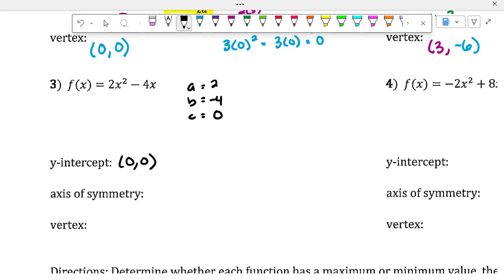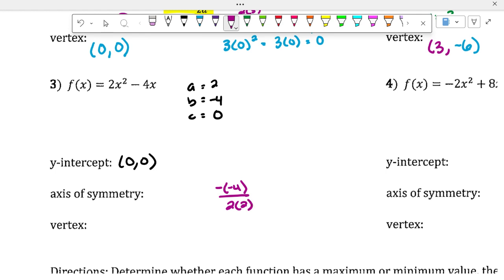All right. What is, or how do I put my values into the axis of symmetry formula, Ralph? So for negative b over 2a, what's that going to look like in the formula? So negative negative 4 over 2 times 2.